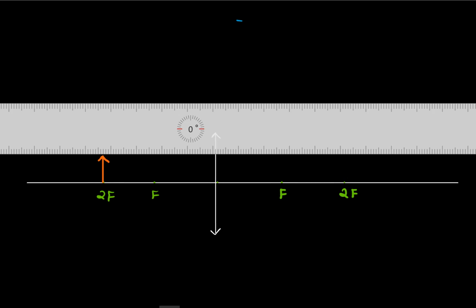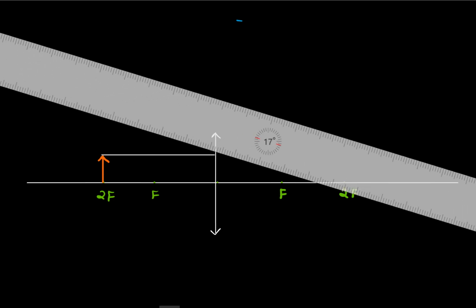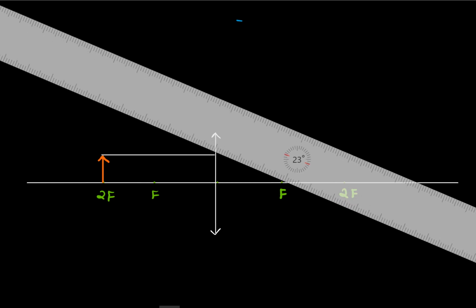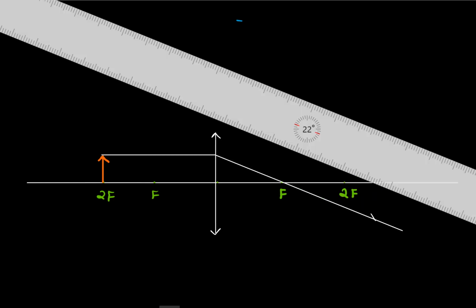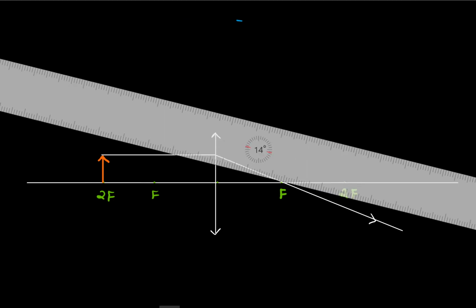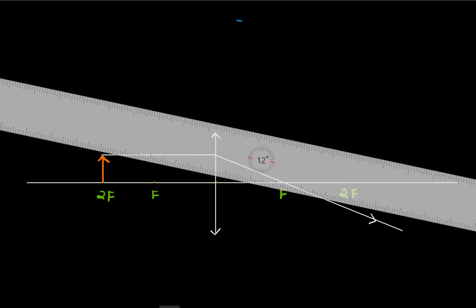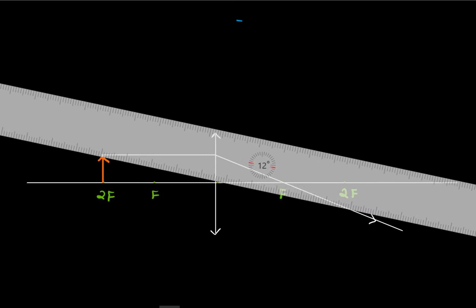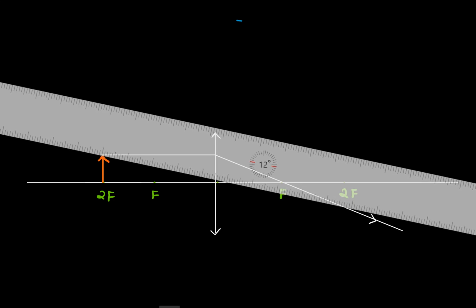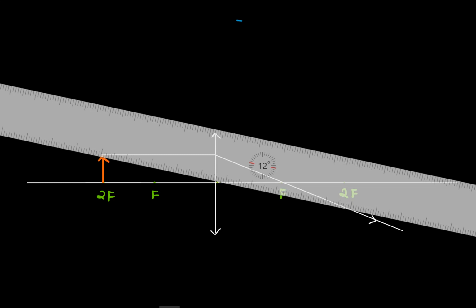Okay. Now the next thing is to draw the first line up to the lens and then the second line cutting the other side through the F. So this is your first ray, and the second ray again as usual is... Okay.